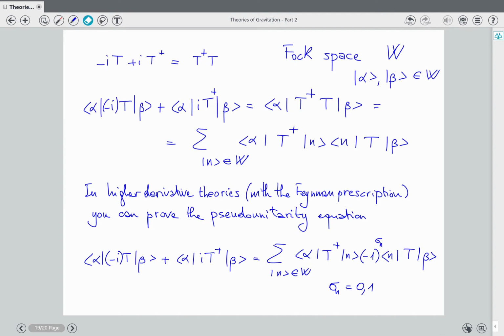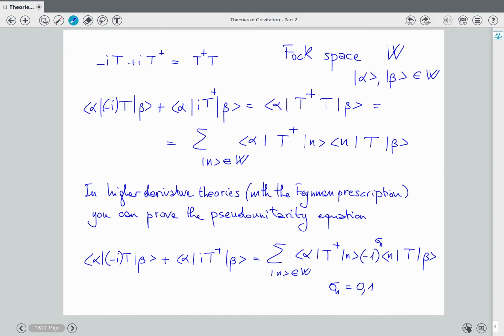And to understand what you have to do, we need to study what happens in loop diagrams, because, as we said, we cannot project away things from in and out states because they will be regenerated in loop diagrams.